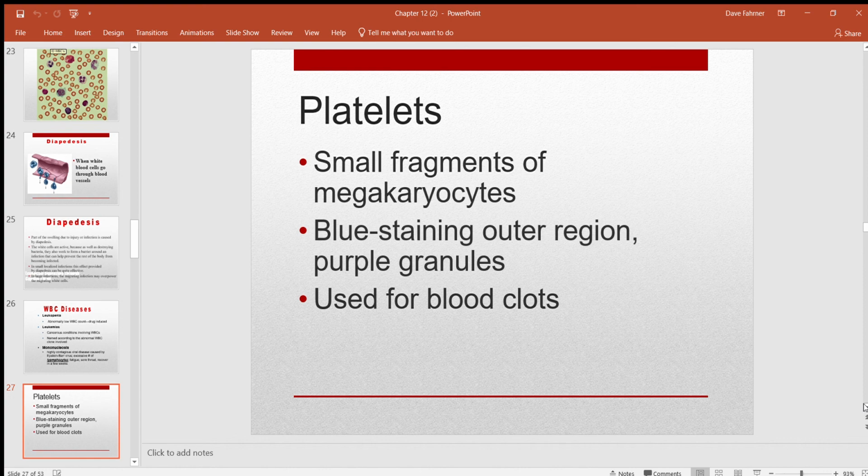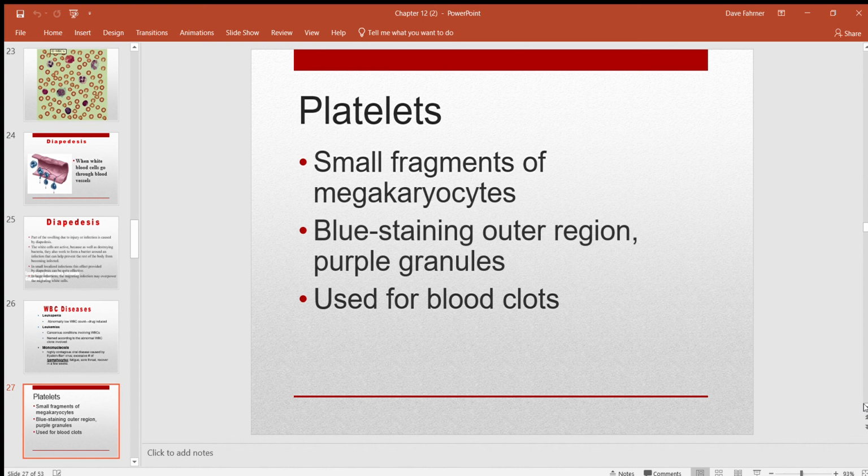It kind of goes through a metamorphosis, a change in form, to where it starts out as this huge cell, and eventually, as it matures, the cell fragments and breaks down into cell parts. Okay, and then these cell fragments are then used to plug up holes in blood vessels when there's bleeding.